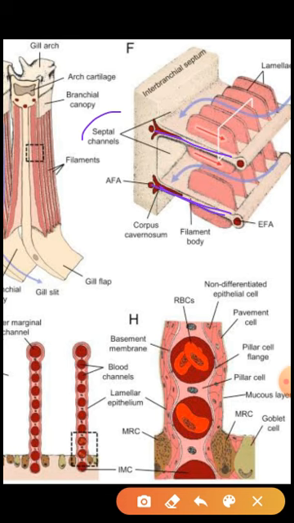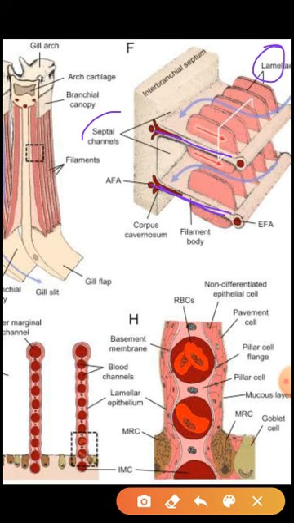On the filament there are further stack-like, coin-like projections that are called gill lamellae. It's simple like that. Lamellae are like the alveoli of your lungs, where exchange of gases will take place.